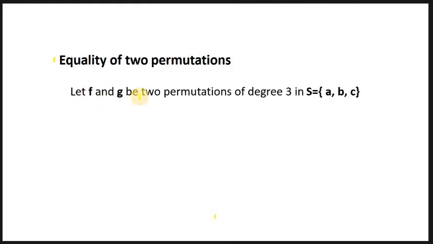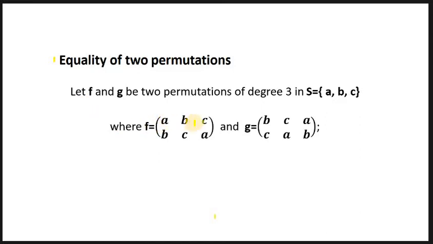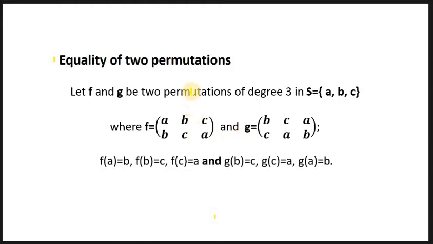We have considered two permutations f and g, where f is equal to a b c on top, and the image of a, that is f of a, is equal to b, f of b is equal to c, and f of c is equal to a. We can represent this symbolically: f of a is equal to b, f of b is equal to c, and f of c is equal to a, and g of b is equal to c, g of c is equal to a, g of a is equal to b.